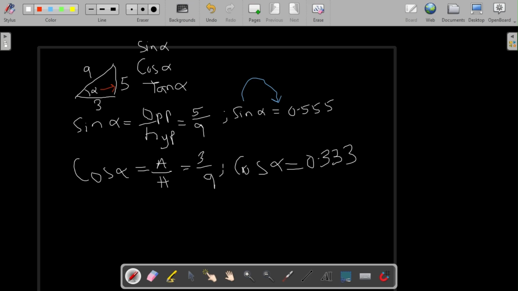How about the last one, which is tan alpha? Tan alpha is opposite over adjacent. Your opposite, as usual, has always been 5.